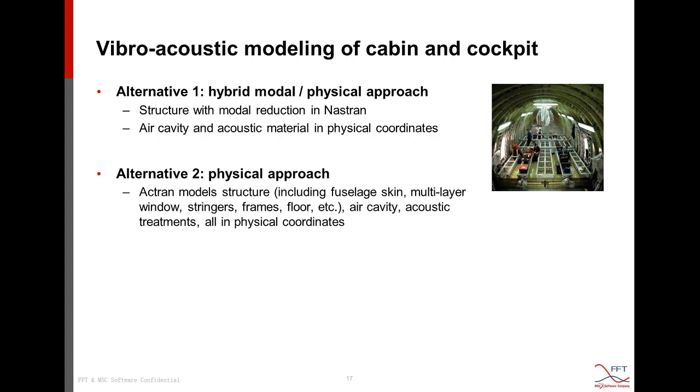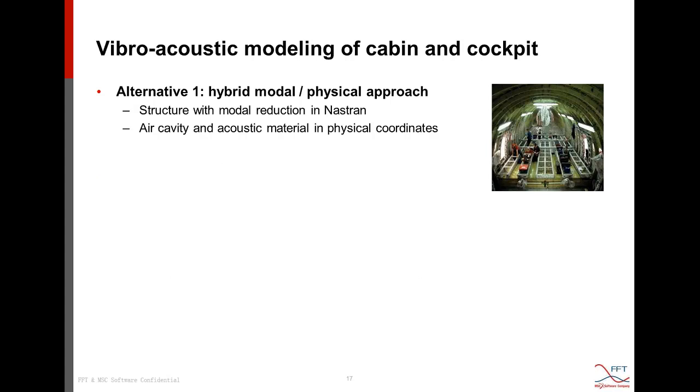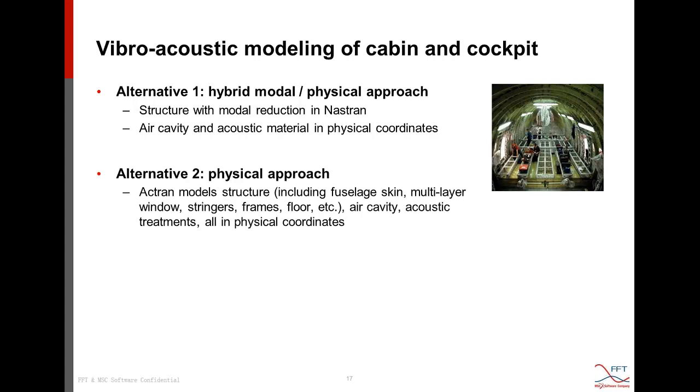So with alternative 1, we are combining Nacelle and Actran capabilities to solve the problem. Alternative 2 is to solve the problem purely in a physical approach. So you will see this is our preferred way.